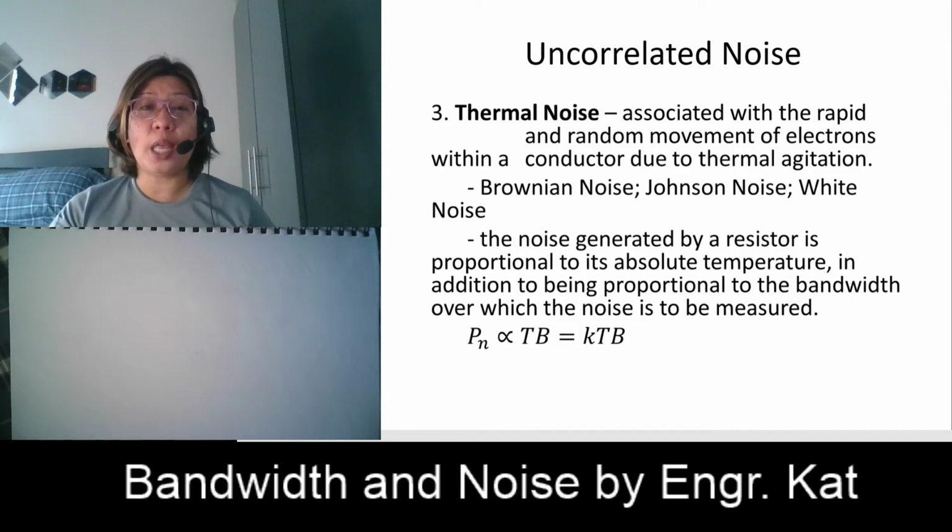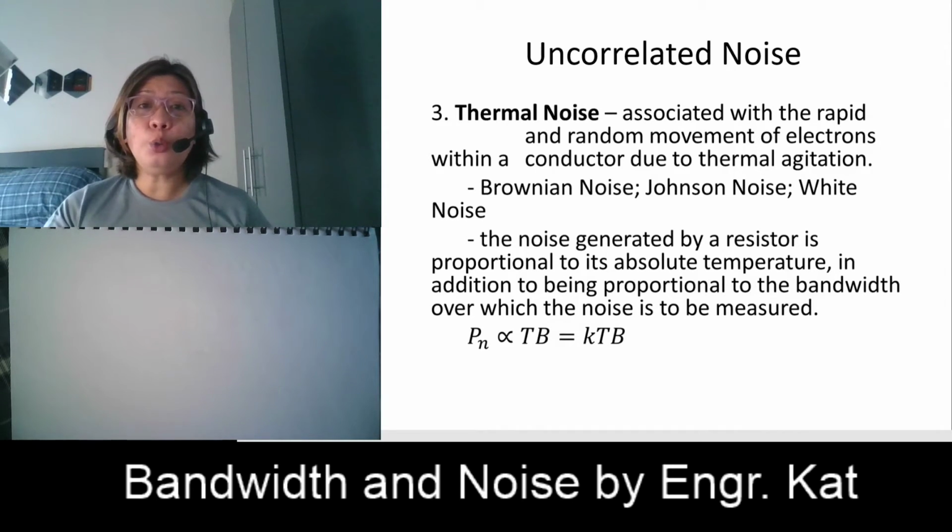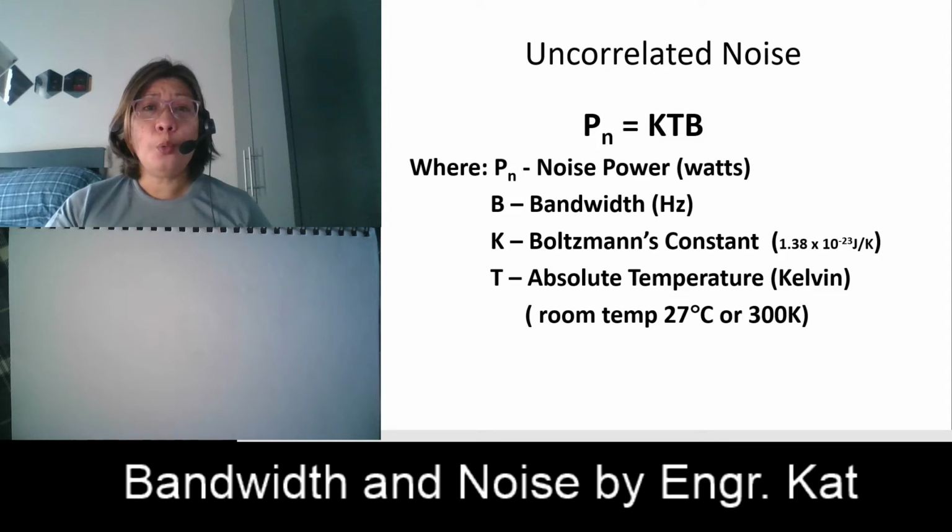To remove the proportionality sign and replace it with an equality, we have to introduce a constant, and that constant is K. Now we have noise power equal to KTB.